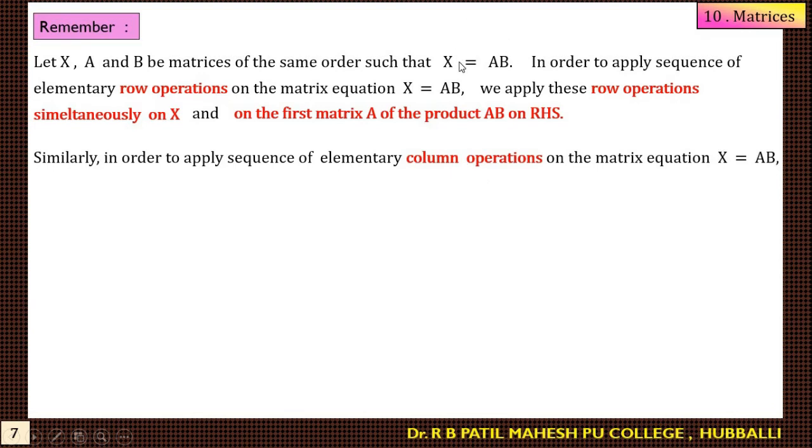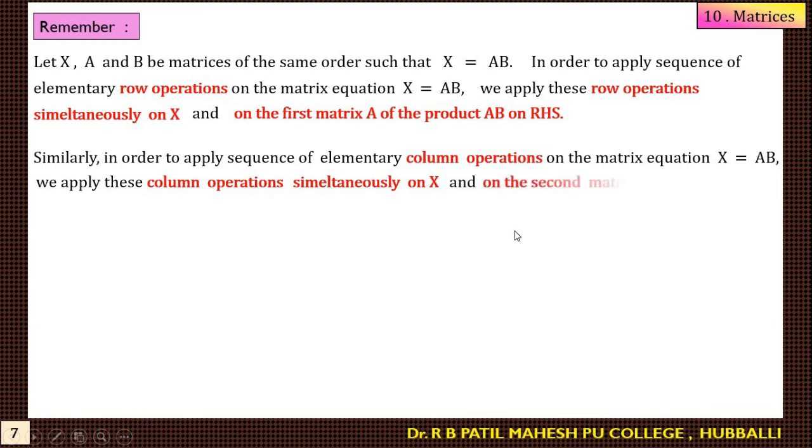If I am applying column operations, on the left side it is applied to the X matrix, but on the RHS the column operation is applied to the second term, that is B. Similarly, in order to apply a sequence of elementary column operations on the matrix equation X is equal to AB, we apply these column operations simultaneously on X. On the left side there is only one term, of course it is applied to X, but on the right side, very important, it is applied on the second matrix B of the product AB.